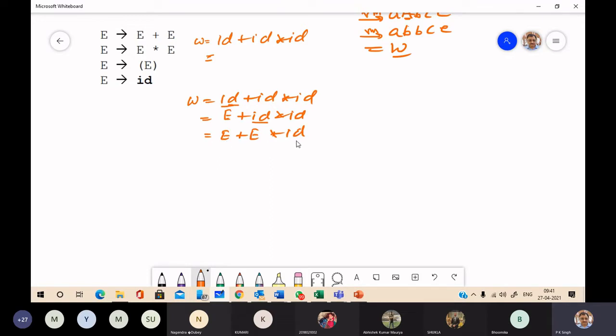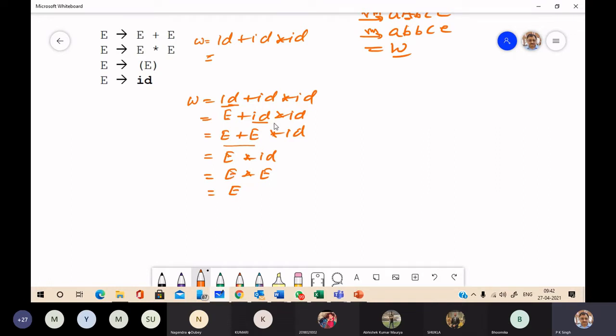Again we scan this sentential form for the handle, and we get this substring. For this production, it will be E into ID. Then the next ID, so E asterisk E, then E. It means the string is reduced to E.